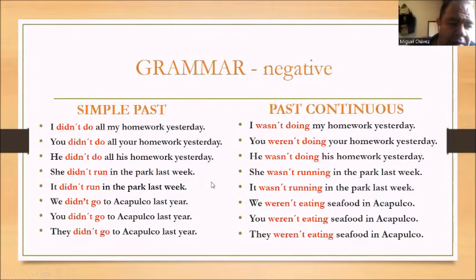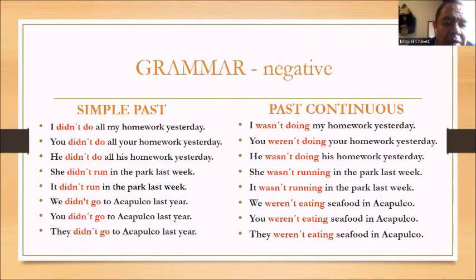In negative, you know that we use the particle not added to the auxiliary verb. For the simple past, we are going to use did as an auxiliary verb in contraction with not. And we use didn't for all persons.